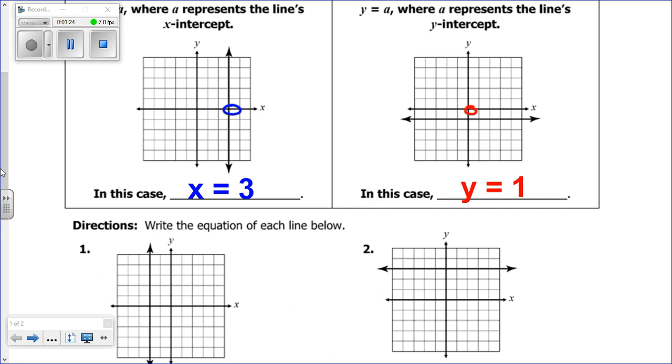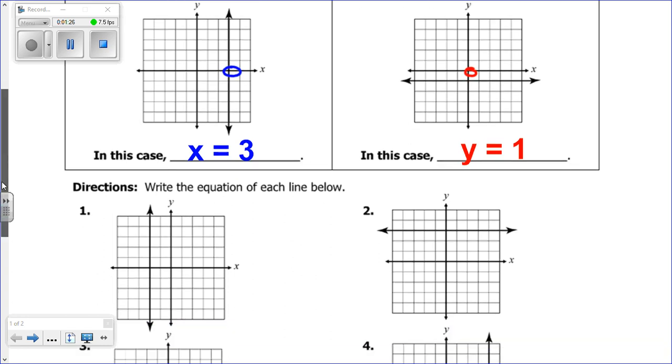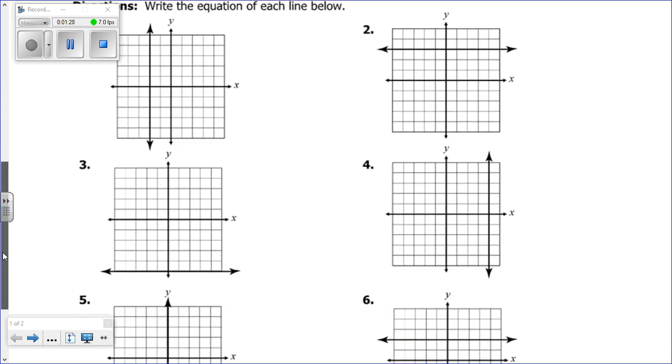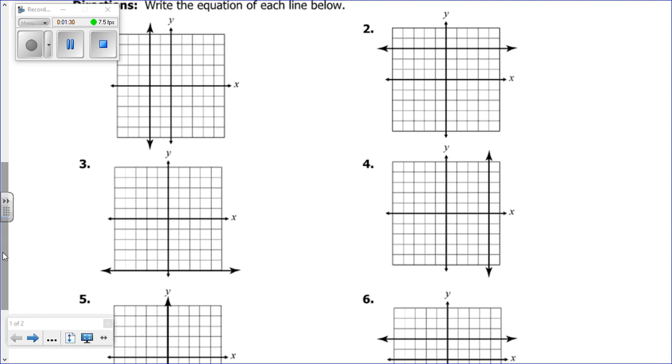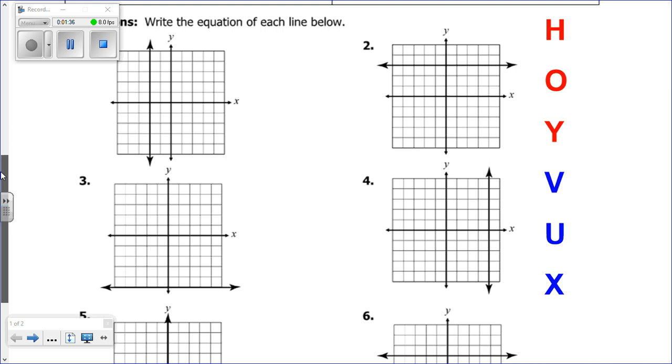So here's a way to help you remember the difference between the horizontal and the vertical lines. Here you have what we call HOY-BUCKS. Okay? So this is what it stands for. The H is a horizontal line, and a horizontal line has a 0 slope, and it's a y equals equation.